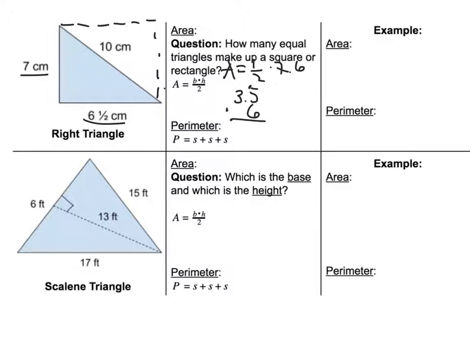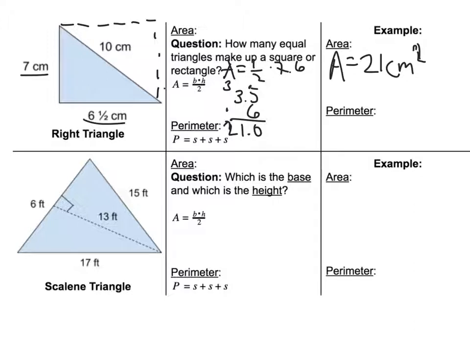So 5 times 6 is going to give me 30. 3 times 6 is 18, plus 3 more is 21. And then when I put my decimal point in there, I have 21.0. So my area is 21 square centimeters.